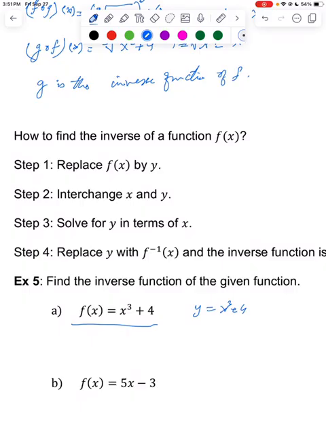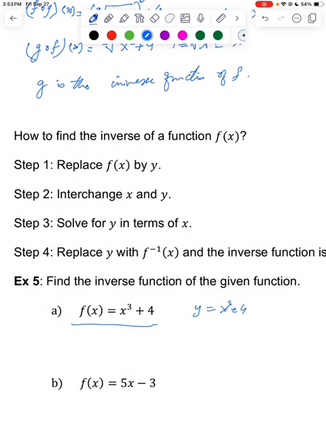The second step is to interchange x and y, because remember I have been saying from the beginning, in the inverse function, the roles of x and y get interchanged. So that is one step we have to do, interchange x and y. And then we solve for y in terms of x.